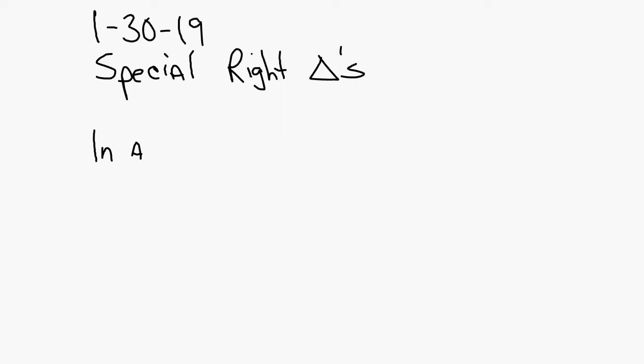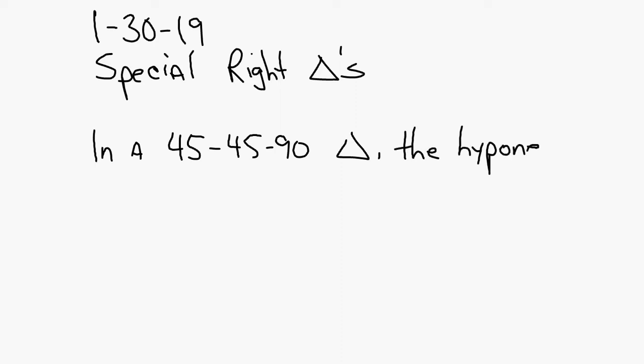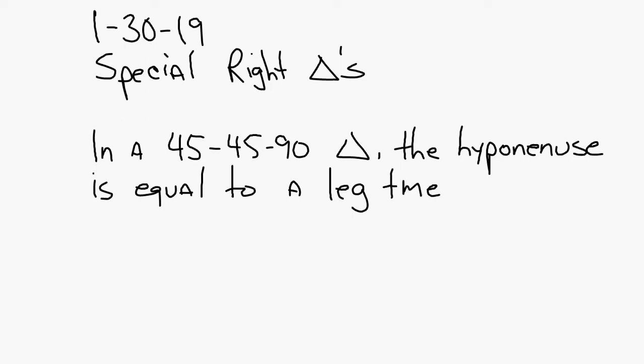in a 45, 45, 90 triangle, the hypotenuse is equal to a leg times square root of 2.